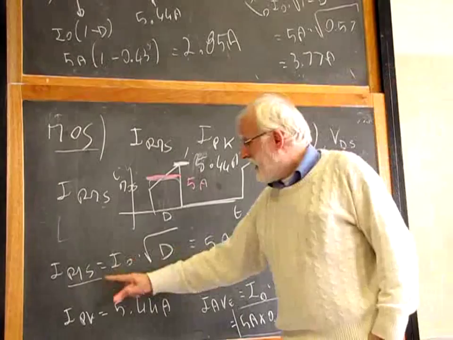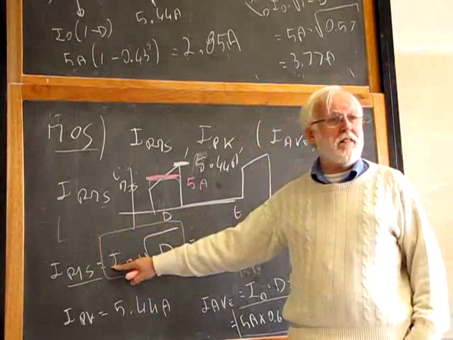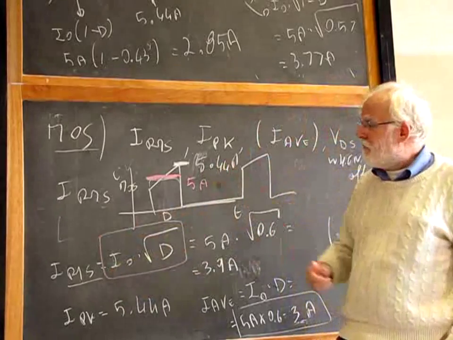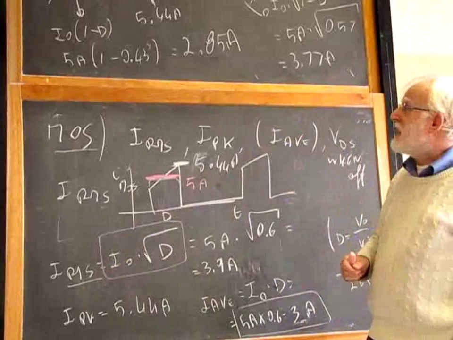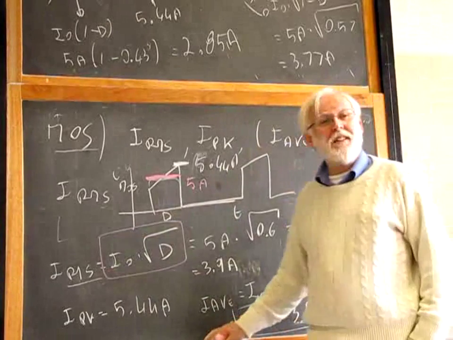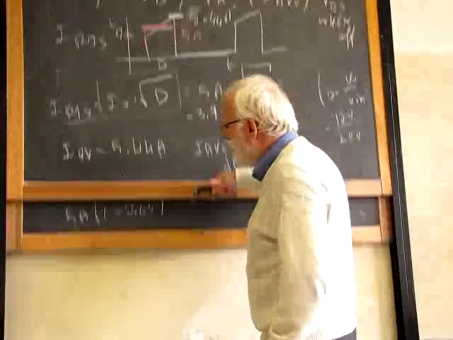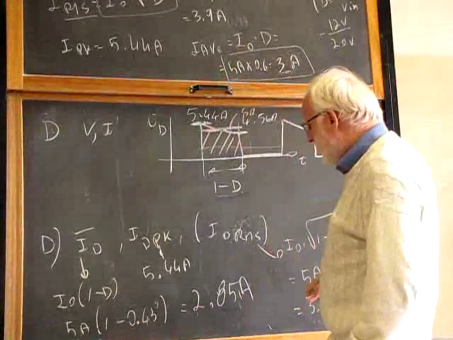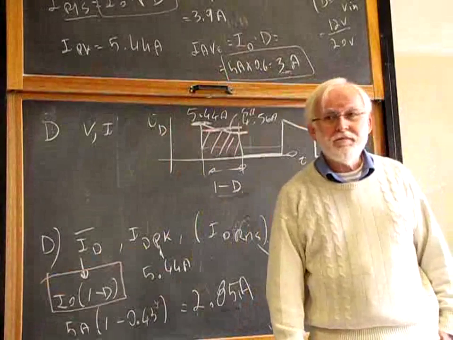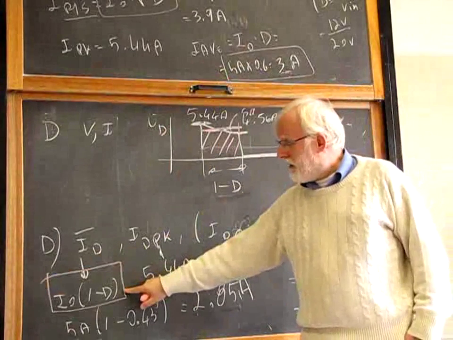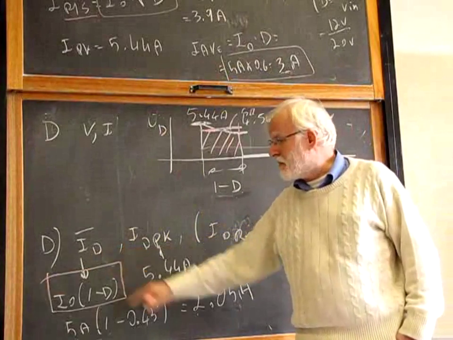So the RMS current will be this one, and with this RMS current I can find out how much power I waste on my MOS transistor. The maximum dissipated power by a diode is given by the average current. The average current for the diode is this one.